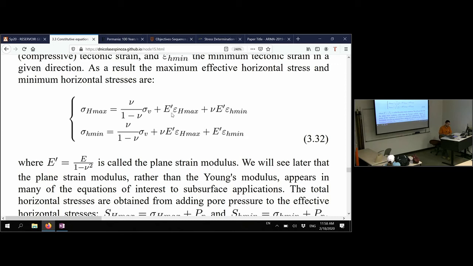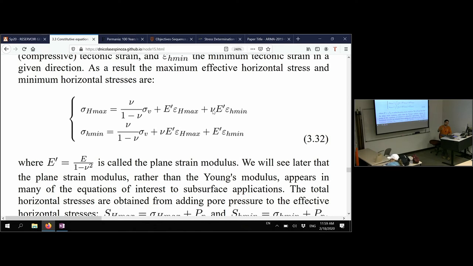But then you have to add the component of the strain in the same direction times the plane strain modulus, but also you need to add the component of the strain in the perpendicular direction, but this one, you see, doesn't contribute as much as the one in the same direction. This one just contributes by a magnitude which is proportional to the Poisson ratio.